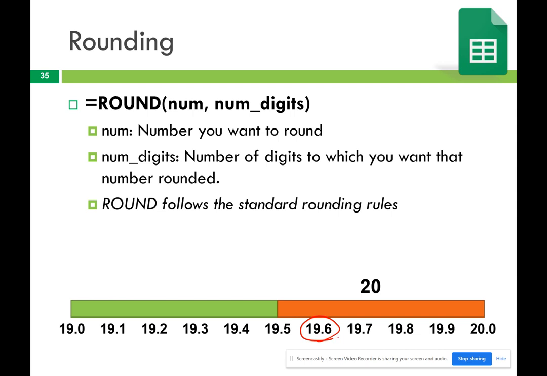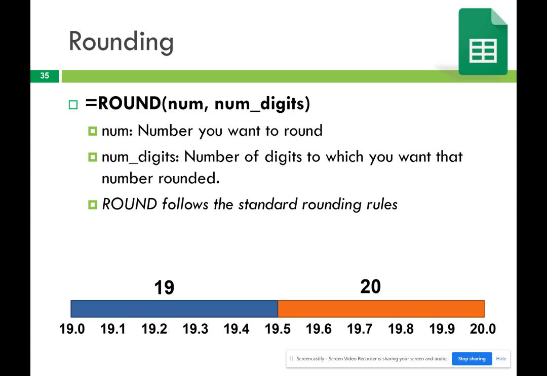So 19.6, because the place value is 6, and it's higher than 5, would round to 20. Versus if I gave you 19.2, because the 0.2 is less than 5, 19.2 would round to 19. So this round function follows those standard rules that we've learned.